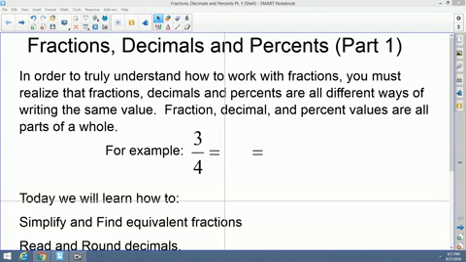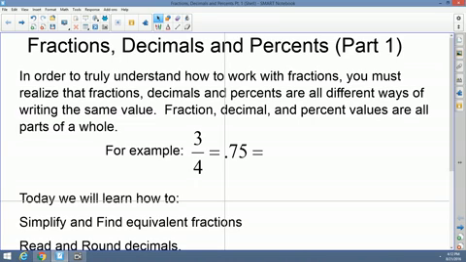Fractions, decimals, and percent values are all parts of one whole. So for example, the fraction 3/4 can be converted into 0.75, the decimal value.